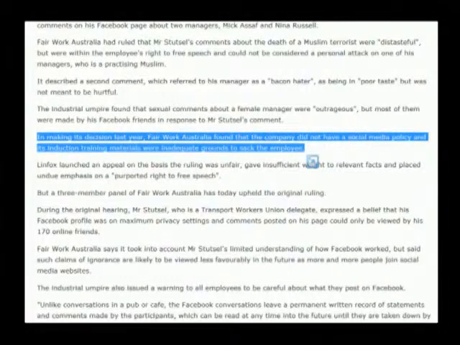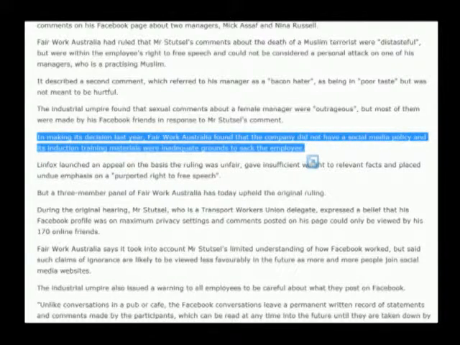Now, one of the main things that the industrial umpire cited in terms of why the employee got away with making what could be described as quite tasteless comments about their employer on the website is that, and I quote, they found that the company did not have a social media policy and its induction training materials were inadequate grounds to sack the employee.